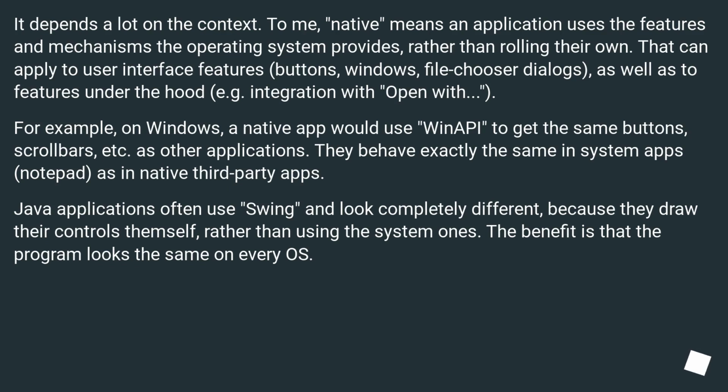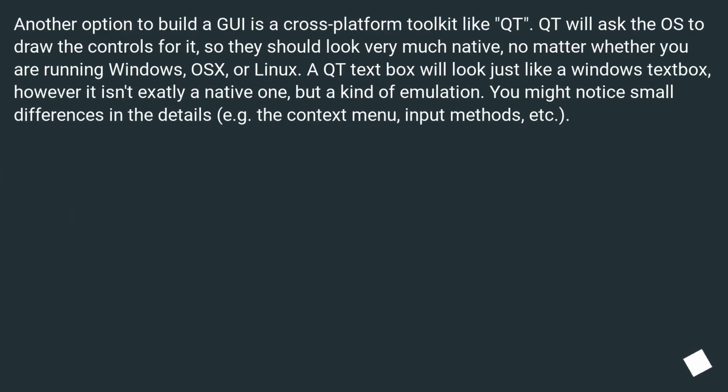Java applications often use Swing and look completely different because they draw their controls themselves, rather than using the system ones. The benefit is that the program looks the same on every OS. Another option to build a GUI is a cross-platform toolkit like Qt.